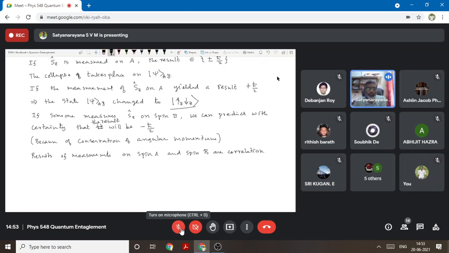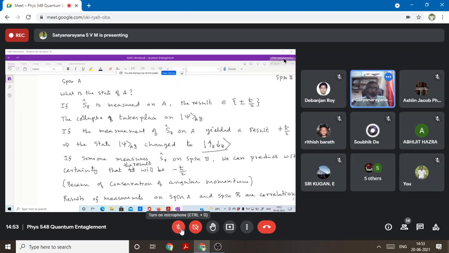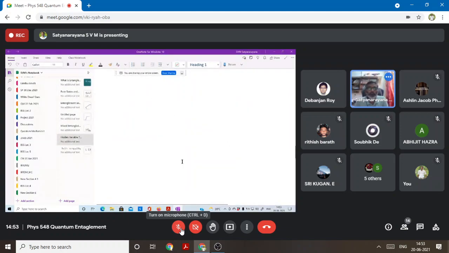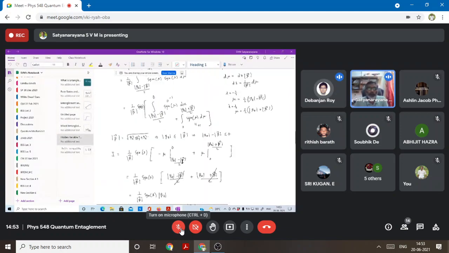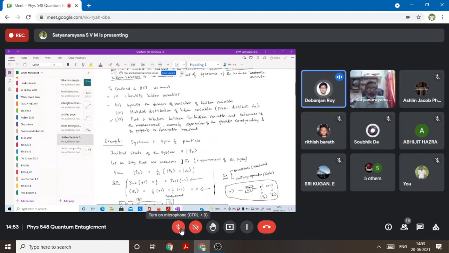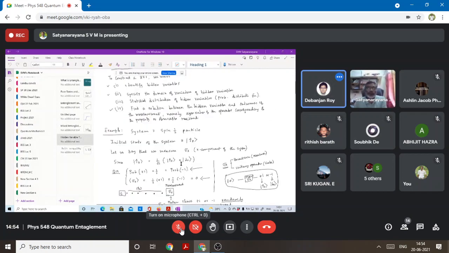Even classically one can say there is a correlation. I think we talked about an example earlier, the gloves problem. Gloves, right glove, left glove.